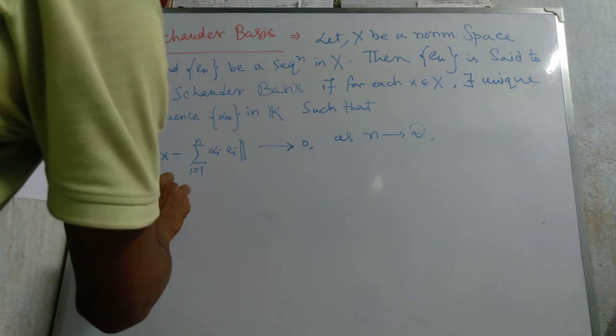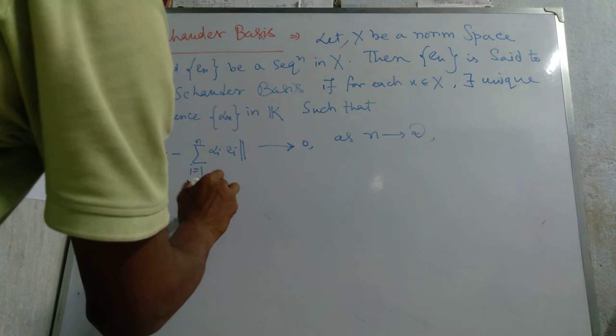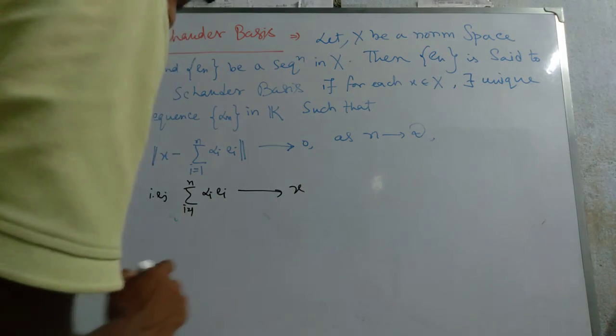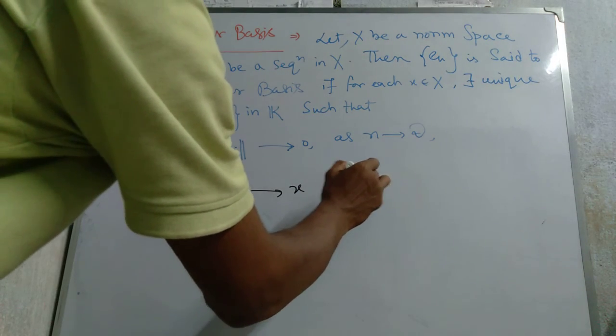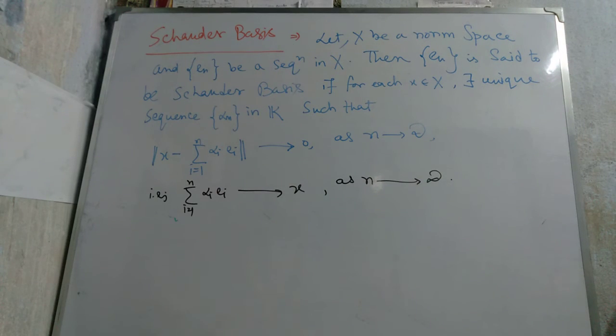That is, the summation i equal to 1 to n of alpha i Ei tends to x as n tends to infinity. Okay.